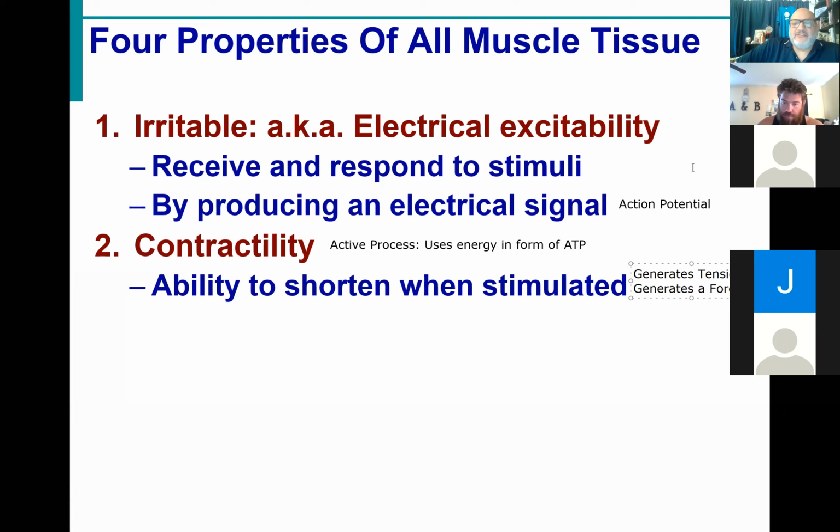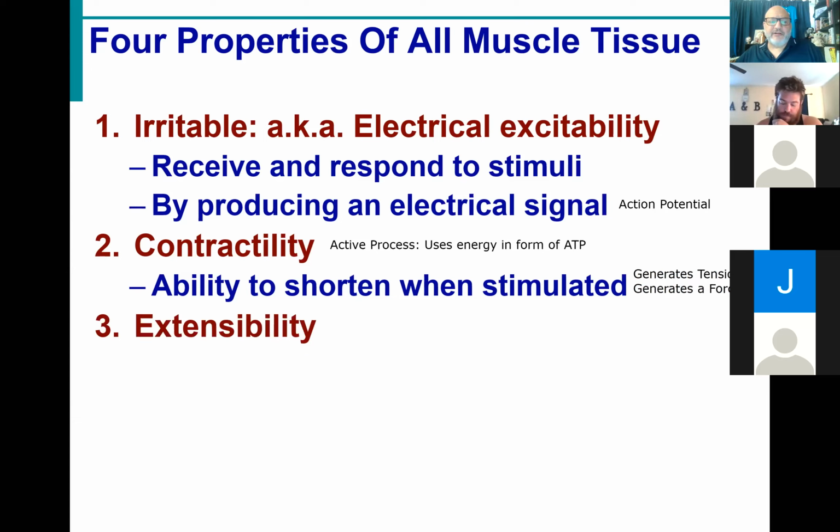And because that generation of force isn't 100% efficient, some of that is lost in the form of heat. All right, we comfortable with that? Yep. I make a point of emphasizing this because this is very different from its third property or characteristic, extensibility. What is extensibility?